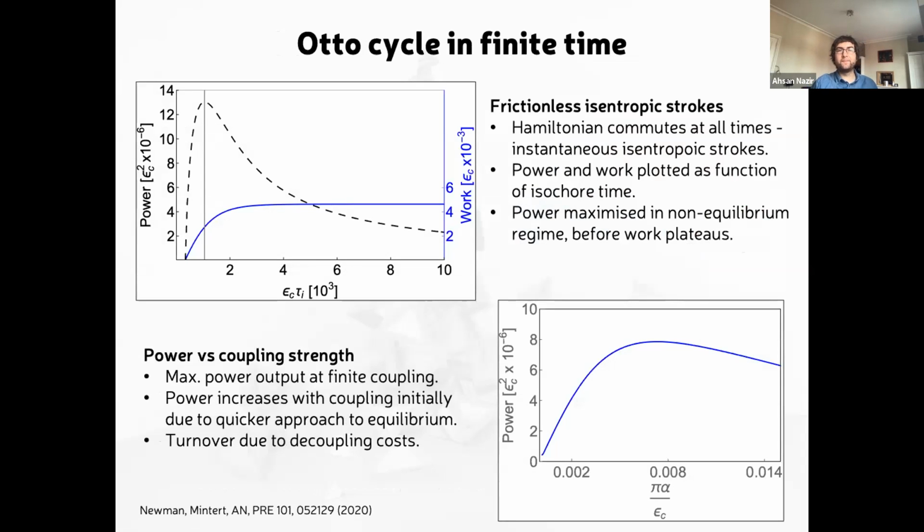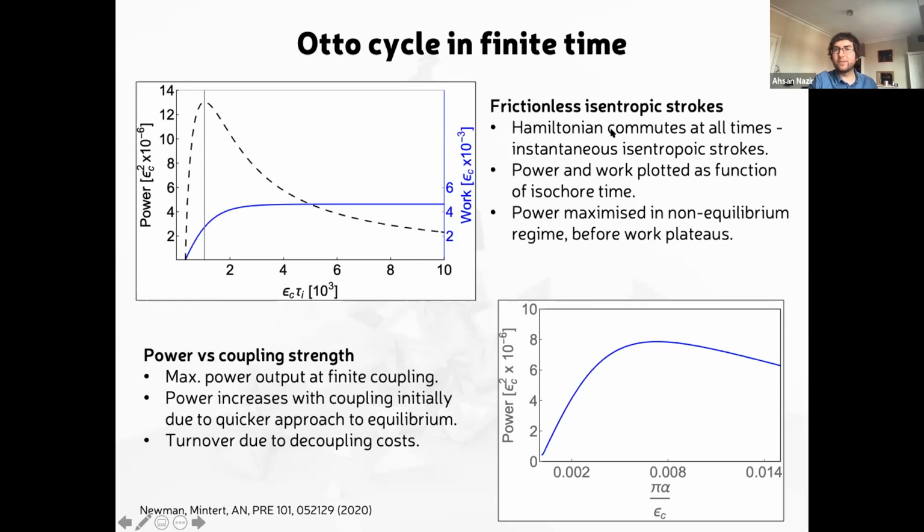So here's some examples of some performance of the system within the Otto cycle. On the left-hand side, I'm showing in dashed black with the left axis the power as a function of isochore time, and on the right-hand axis we've got the work as a function of the isochore time.